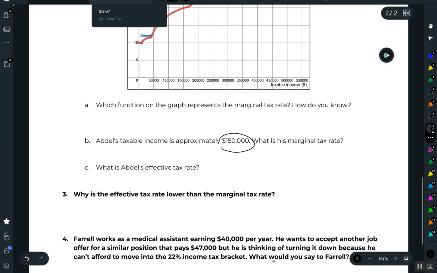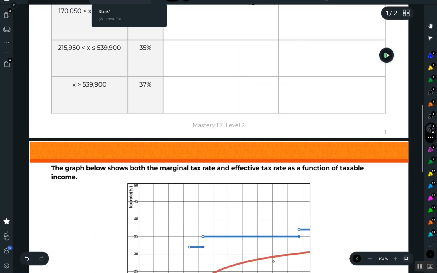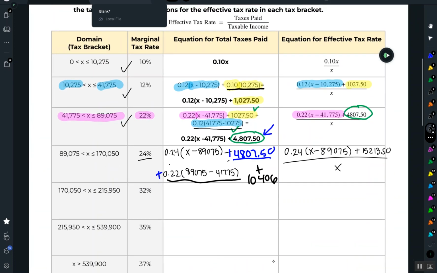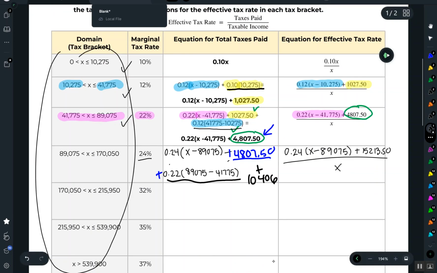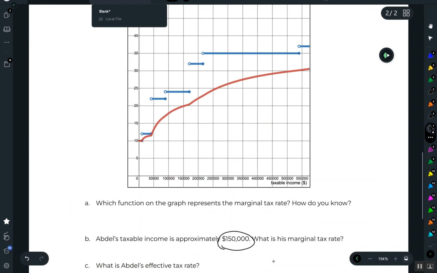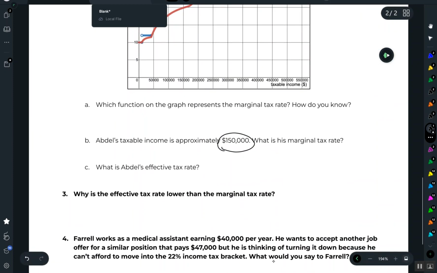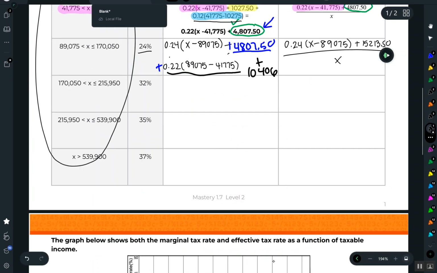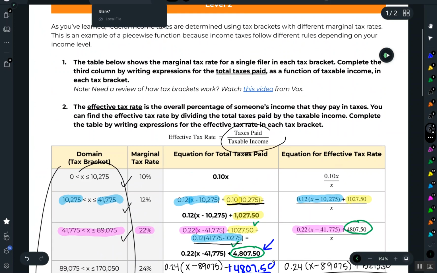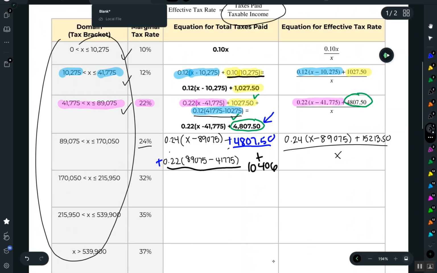So you've got to find 150,000 here. Look where it lands, which tax bracket, and use the formula you wrote to work it out. Then you can figure out his effective tax rate, where the equation's right on here. It's the taxes paid divided by the taxable income.